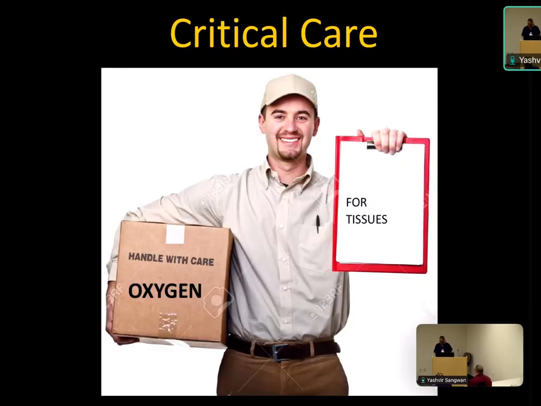Yes, no? Okay. So last lecture we discussed that as critical care providers, our main job is to deliver oxygen to tissues just enough so that the patient survives while they recover from their critical care illness.